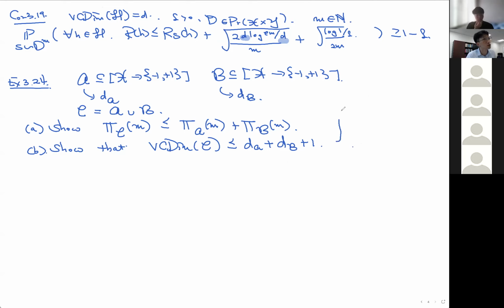Proving this is the same as showing that the growth function of C at d_A plus d_B plus 2 is strictly smaller than 2 to the d_A plus d_B plus 2. If you prove this, then that implies this upper bound.